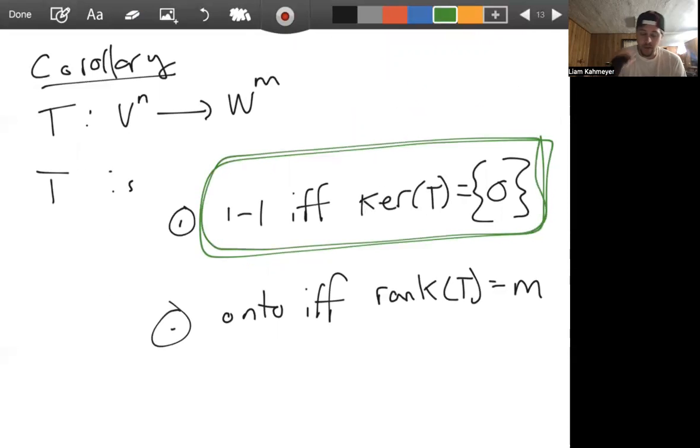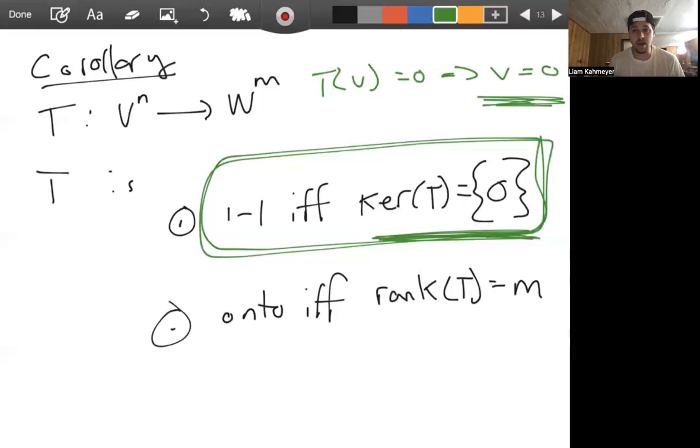You think about what it means. If T of v equals 0 implies v equals 0, that implies the only element of the kernel is the additive identity 0. That's exactly what this is saying here, right? And so instead of having to show this, however, we can just compute the kernel as a subspace, see that it's purely 0, and then we're done.